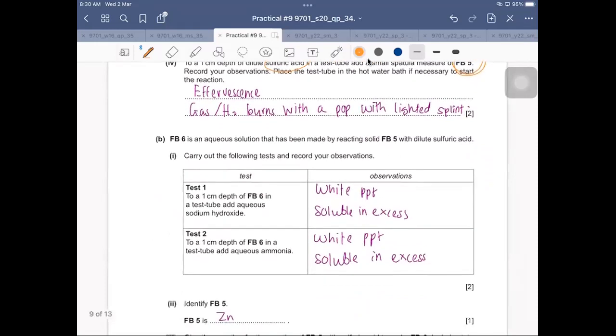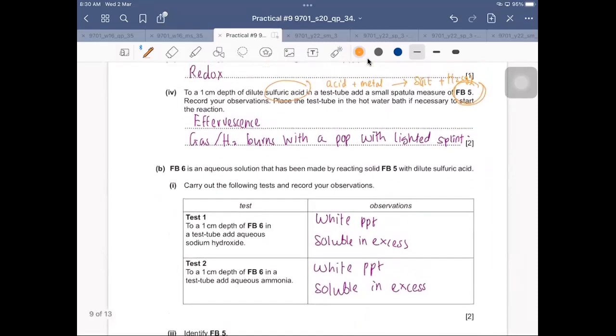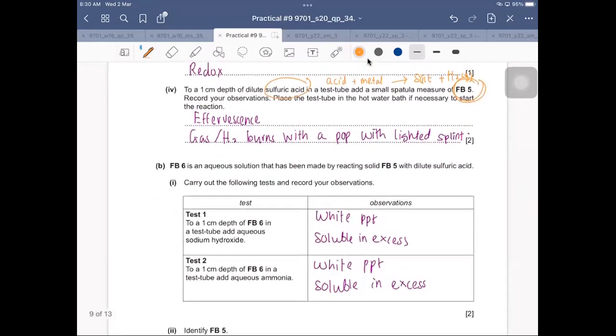Okay, FP6, FP5. FP6 is an aqueous solution that has been made by reacting the solid with dilute sulfuric acid. So that means it's the salt. Okay? FP6 contains the salt from this reaction. You agree?